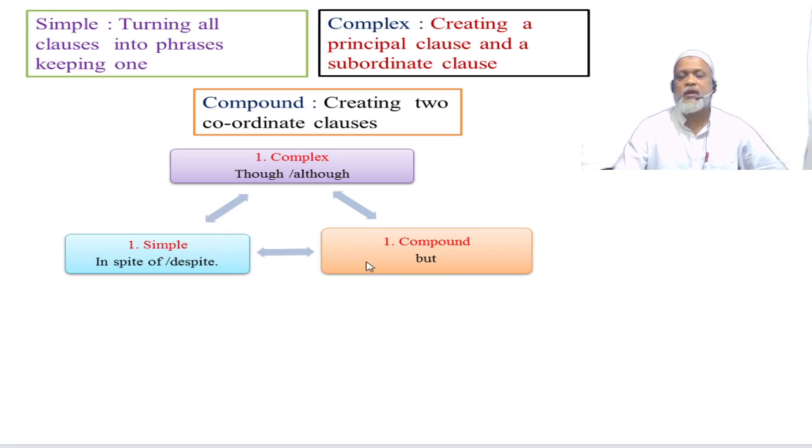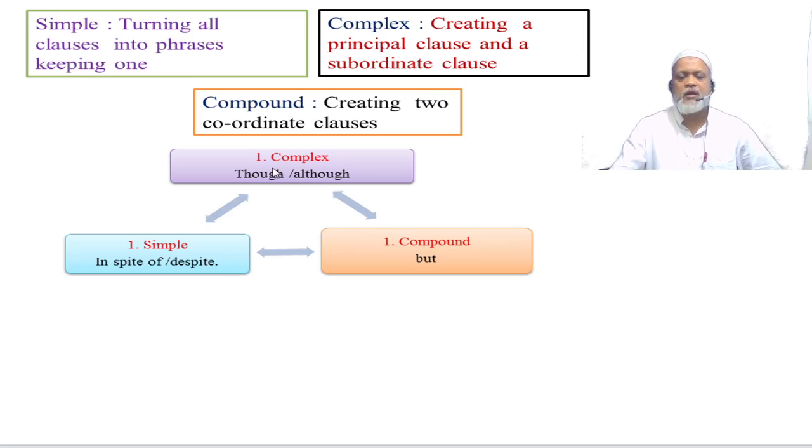In this way all the chains will act. I will explain all the 11 chains, the 11 ways of changing simple, complex and compound. I have shown you a circle here.